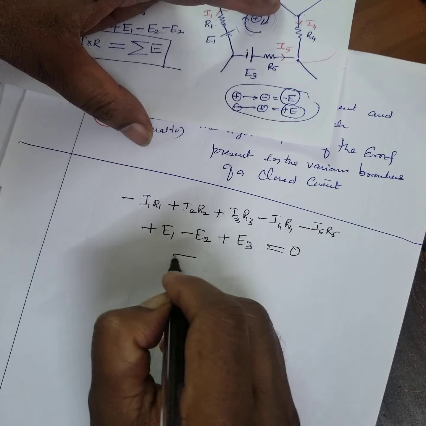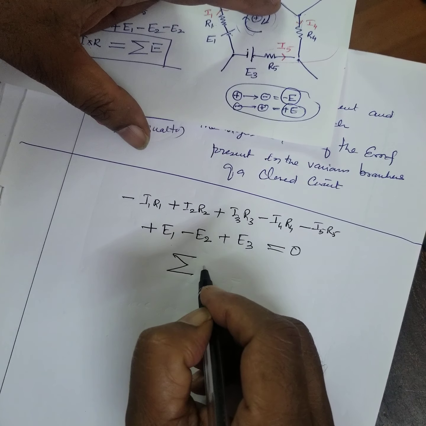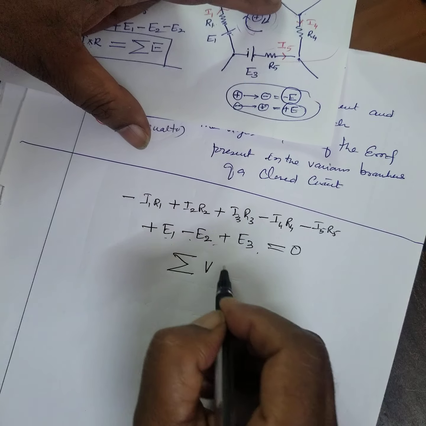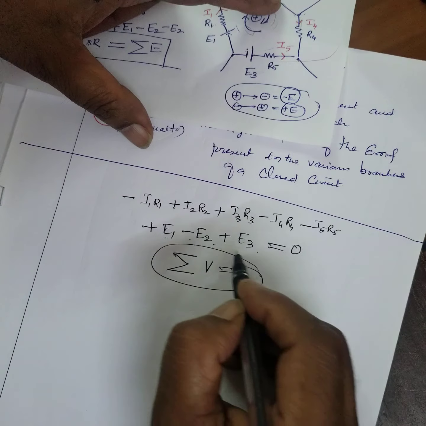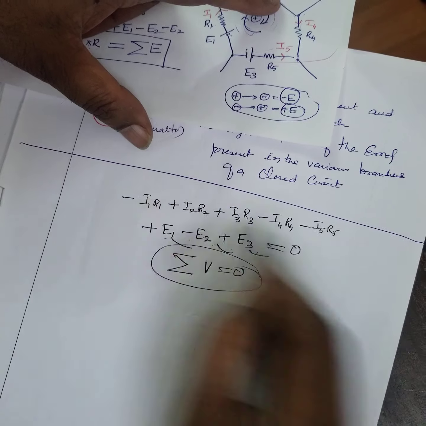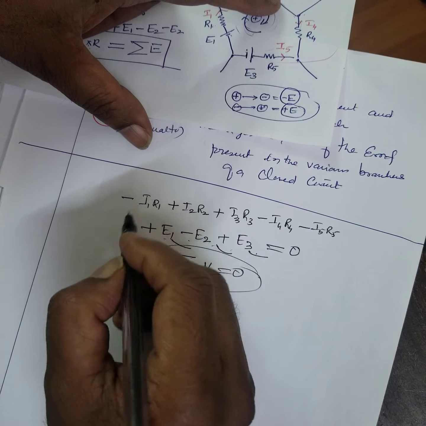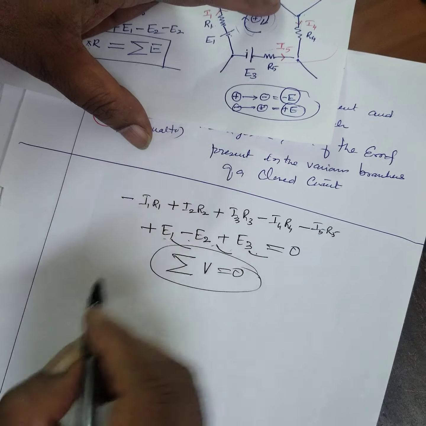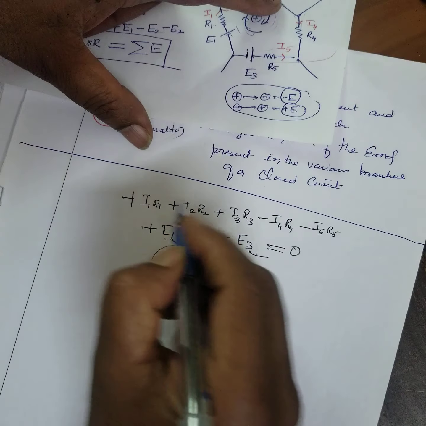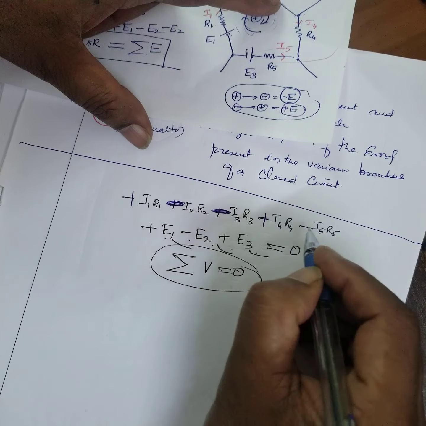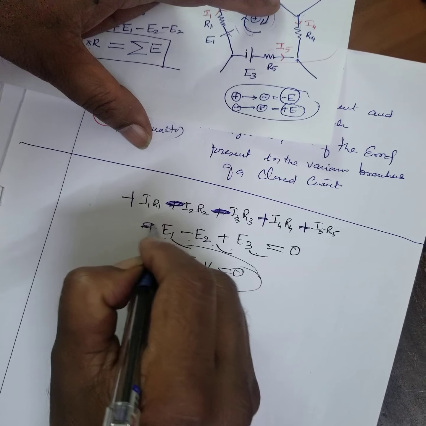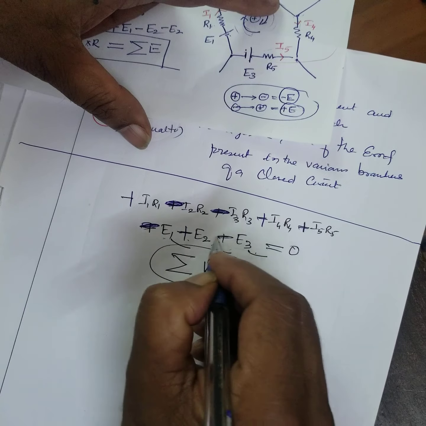That means the algebraic sum of the voltages, these are all voltages, no, equal to 0. In engineering, they'll give other things like this. Then you send this side, then multiply throughout by minus. If you multiply throughout by minus, this becomes plus, this becomes minus, and so on.